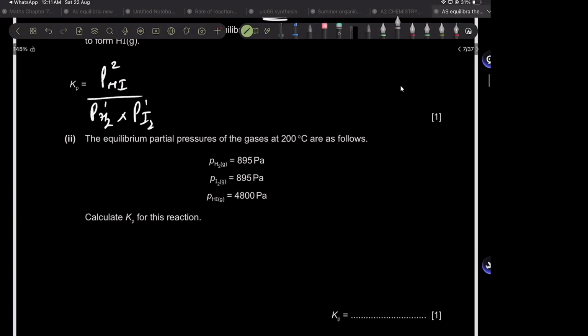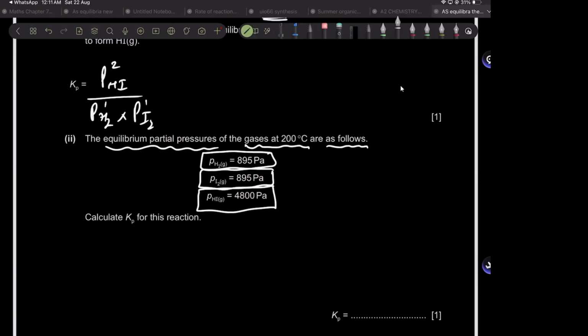For the next part, it says the equilibrium partial pressures of the gases are as follows. So I've already been given the partial pressures at equilibrium. If I want to calculate Kp, what do I have to insert for all the gases? The partial pressures, and those are given in the question.